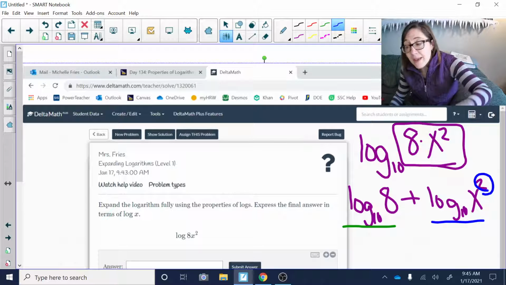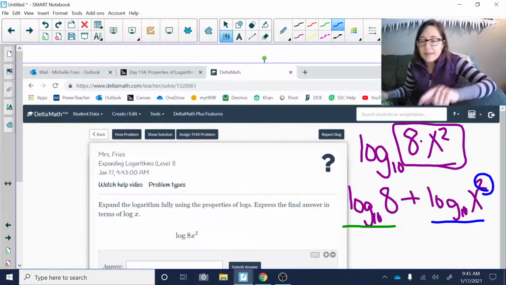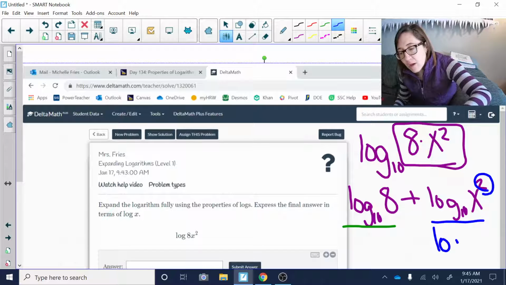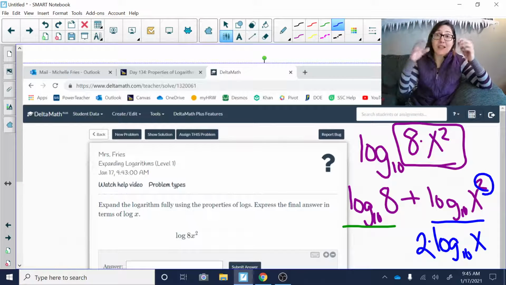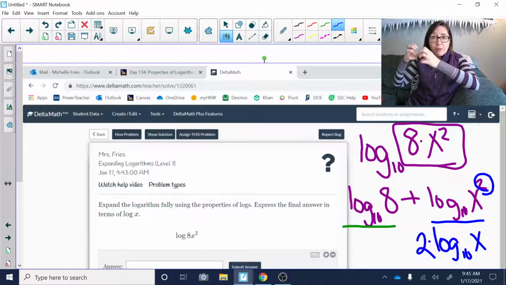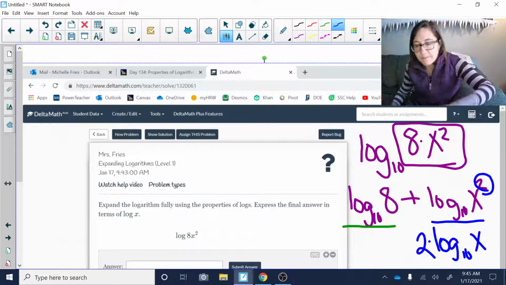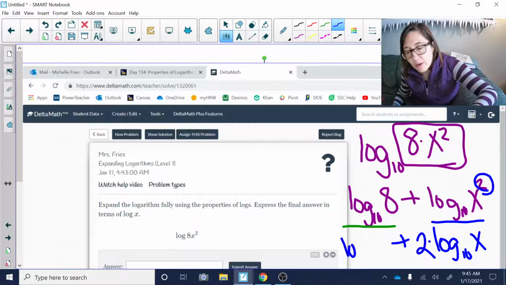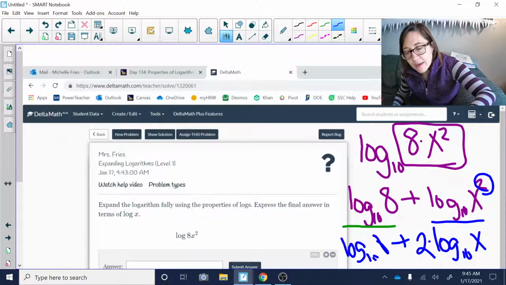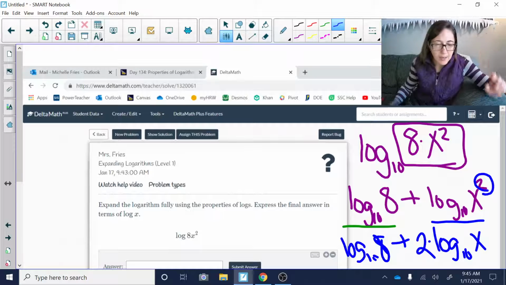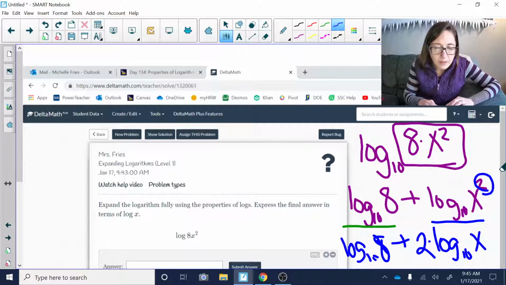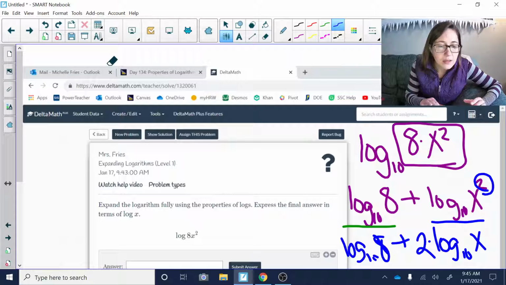The logarithm tells us an exponent, so I'm going to write this as log base 10 of x, and I need to multiply it by the other exponent, which is the 2. The logarithm tells us an exponent, and the 2 is obviously an exponent. So we're multiplying those exponents because it's a power to a power situation. And then I'm just going to bring this down: log base 10 of 8. Oops, that's an 8. So there's that.